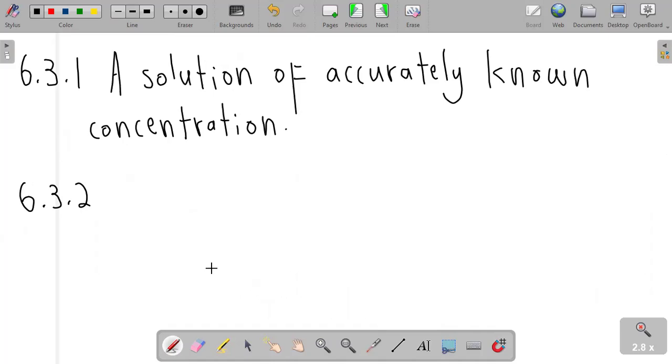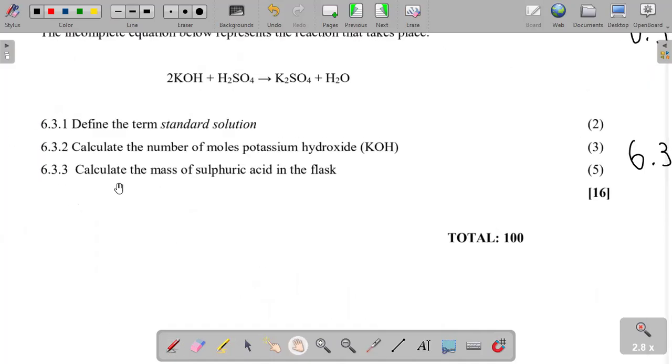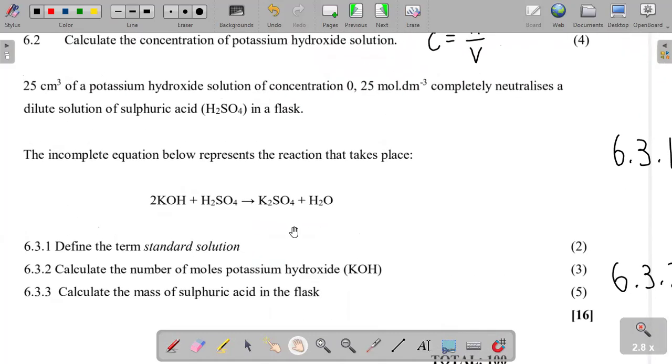6.3.2, they're asking us to calculate the number of moles of potassium hydroxide, KOH. So again, they gave us cubic centimeters, okay? So we should change this into cubic decimeters before we do a calculation.